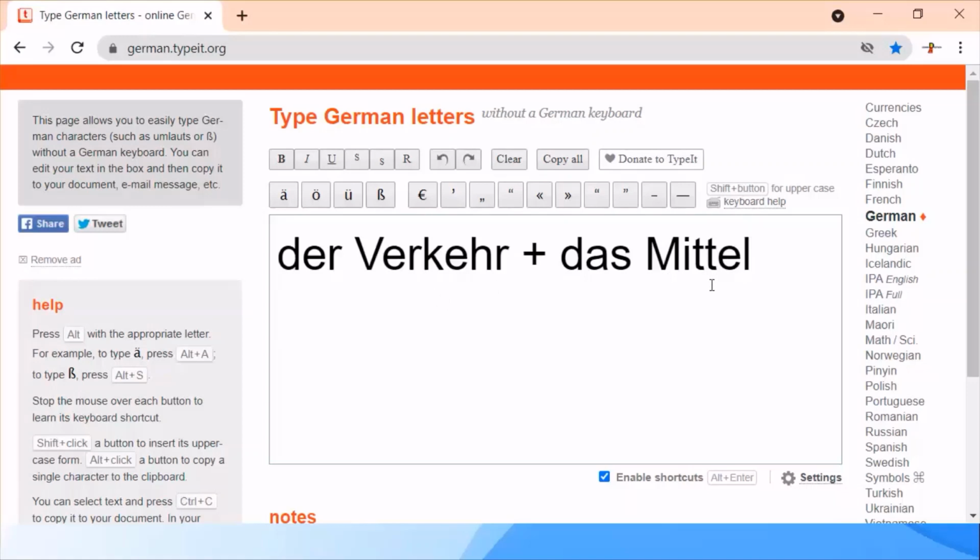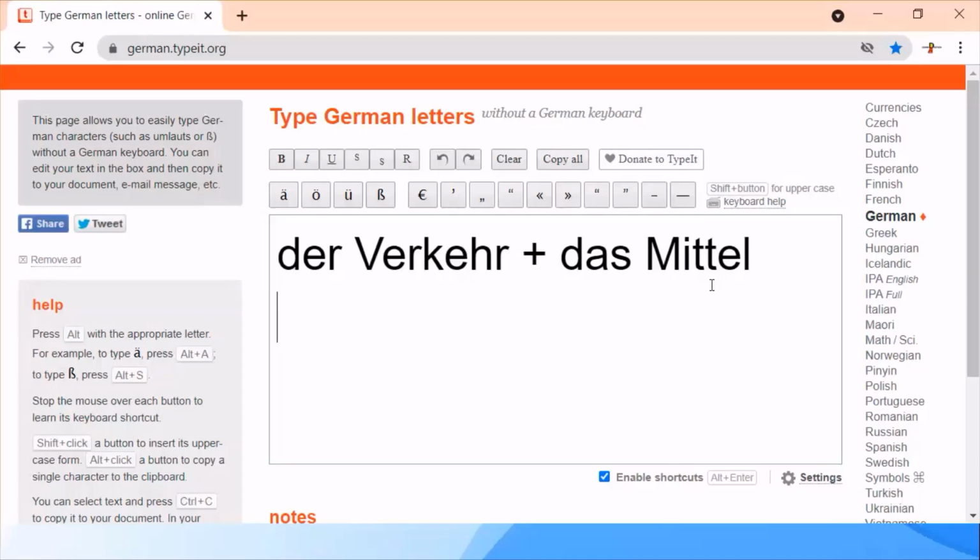Now I have mentioned in my previous tutorials that when the German nouns are combined, then the article of the compound noun will be the article of the last noun in the compound noun.